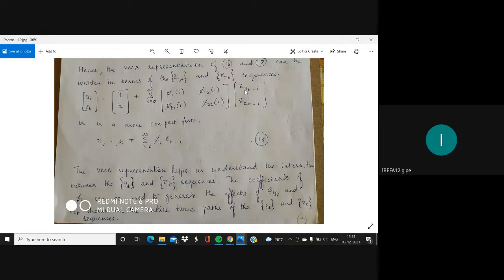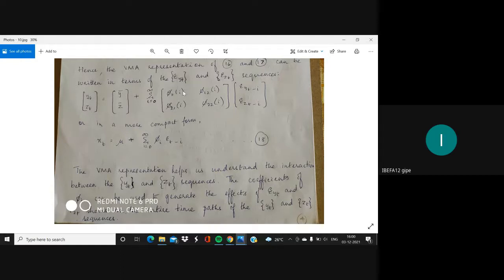So if there's a shock to one of the structural error terms, how exactly is it going to affect yt, and how is it going to affect zt? These coefficients will help us to understand the impact of any small structural shock on yt as well as zt, and we'll be able to see how yt and zt evolve in response to these shocks over several time periods.